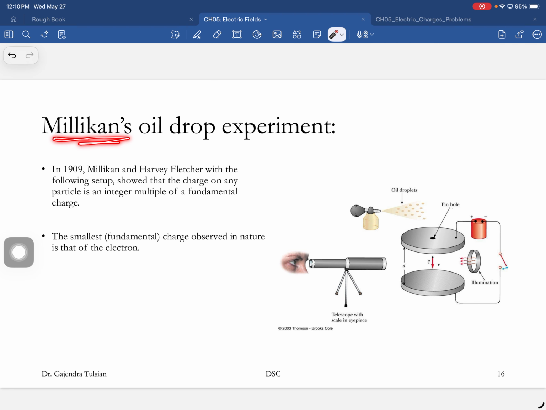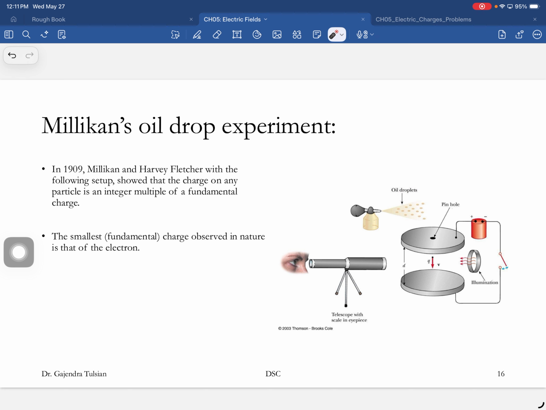Okay, so Mr. Millikan won a Nobel Prize about 100 years ago, 120 years ago. He squirted oil drops, and then he would charge the oil drops, and I'll tell you in a second how. And he measured the charge on the oil drops.